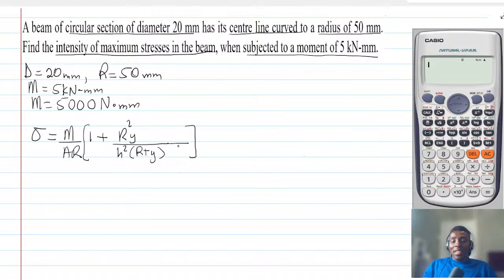Essentially you see that for this problem too, it's the same thing. But let me give you a hint: look for H square for a circular cross section.